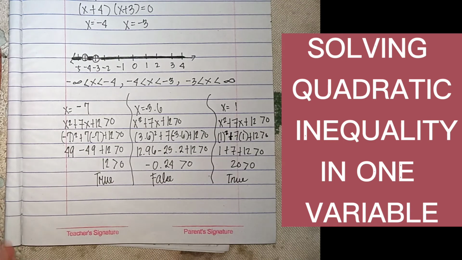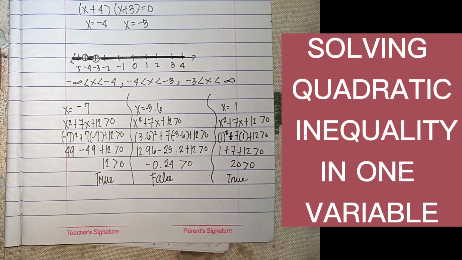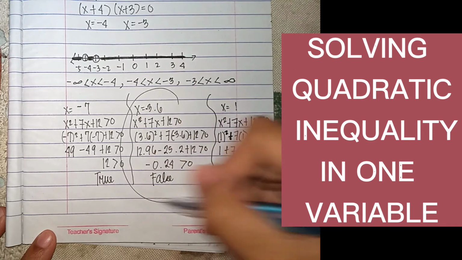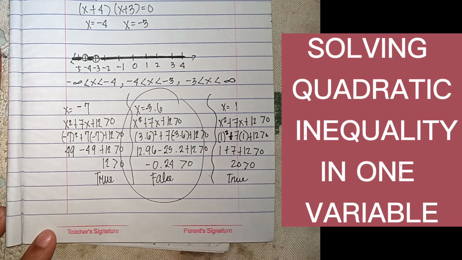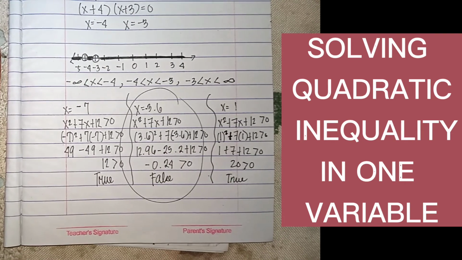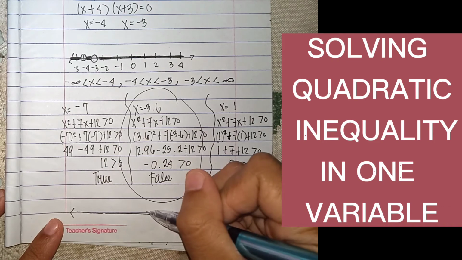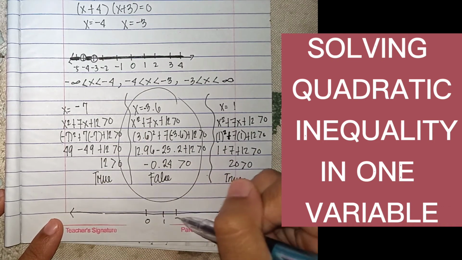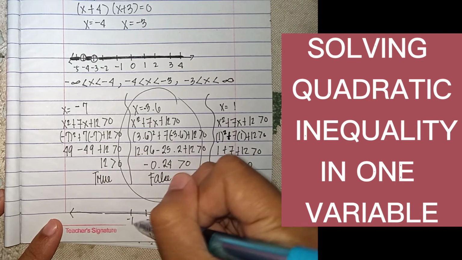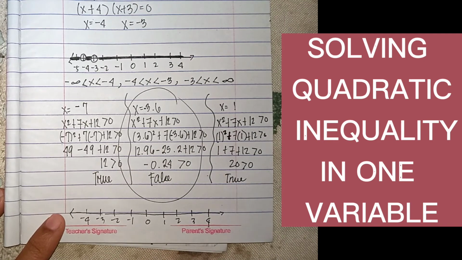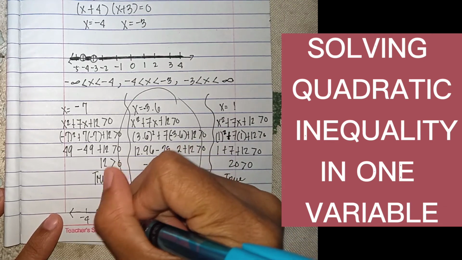We can make another number line because the solution in each interval was shown, and we will exclude the part of the interval that doesn't satisfy the quadratic inequality. So we will make another number line: 0, 1, 2, 3, 4, -1, -2, -3, -4. We'll plot -3 and -4.